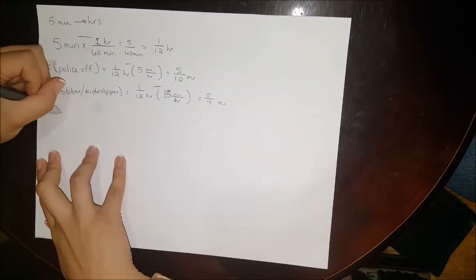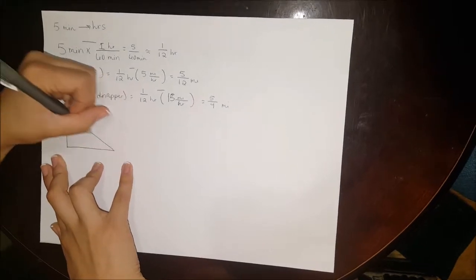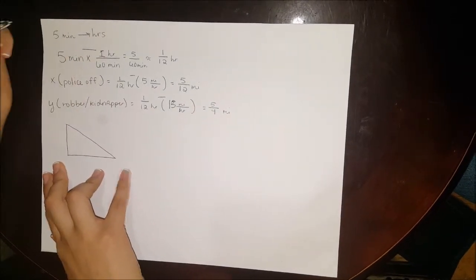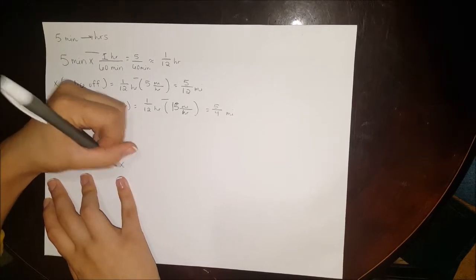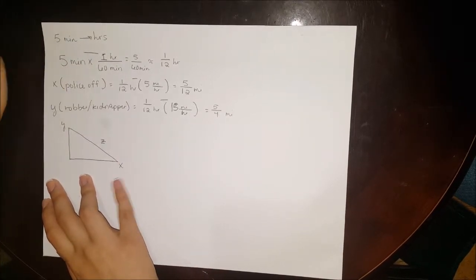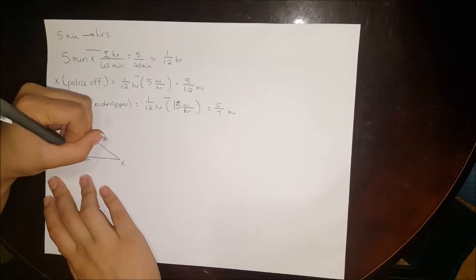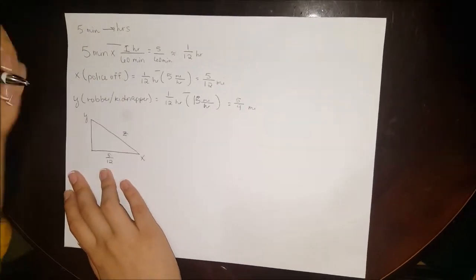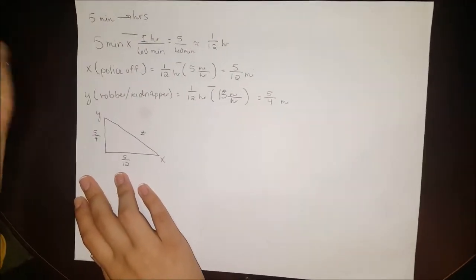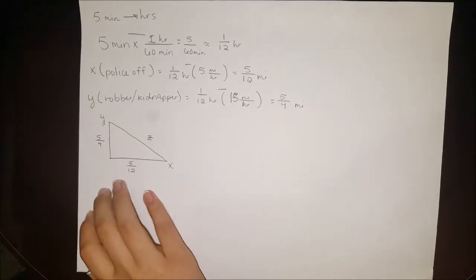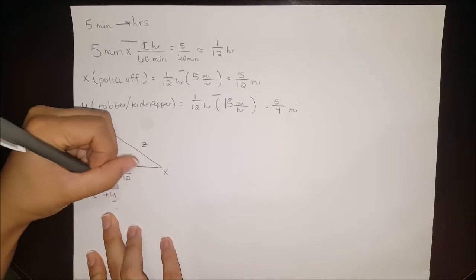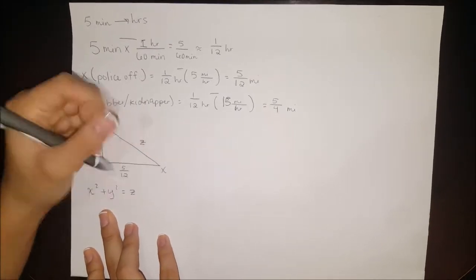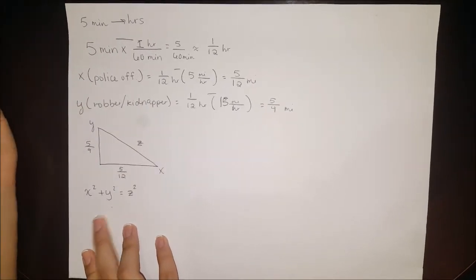So now we're going to do our Pythagorean theorem, just like we did with our triangle before. We have our y over here, our x over here, and our z right here. So this was 5 over 12, and this was 5 over 4. So now we're going to do x squared plus y squared is equal to z squared.